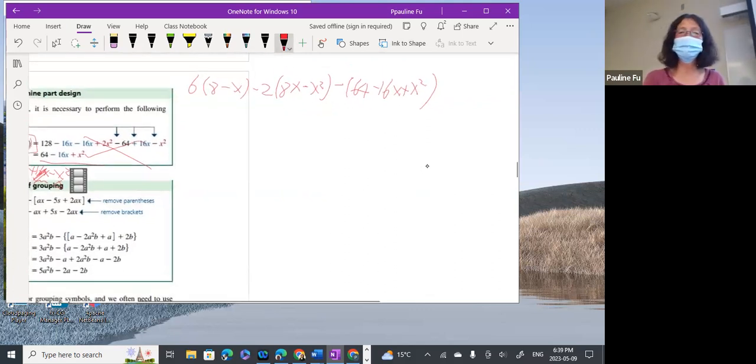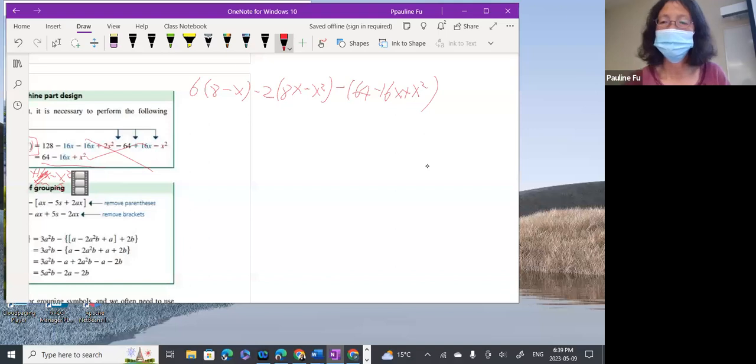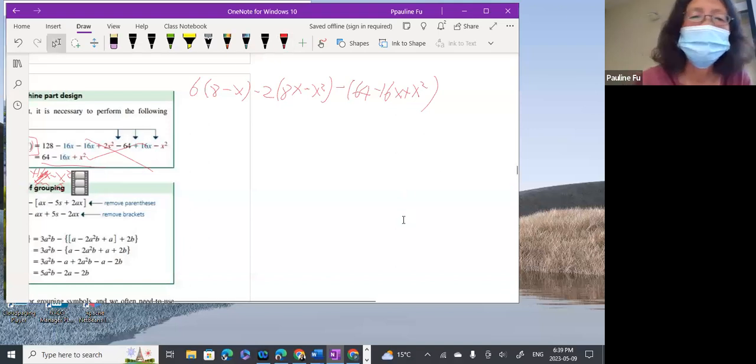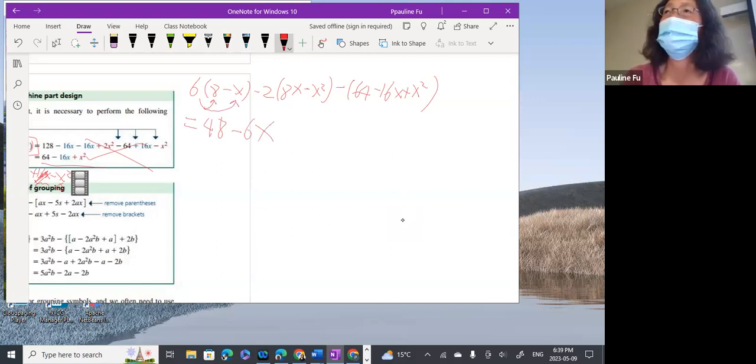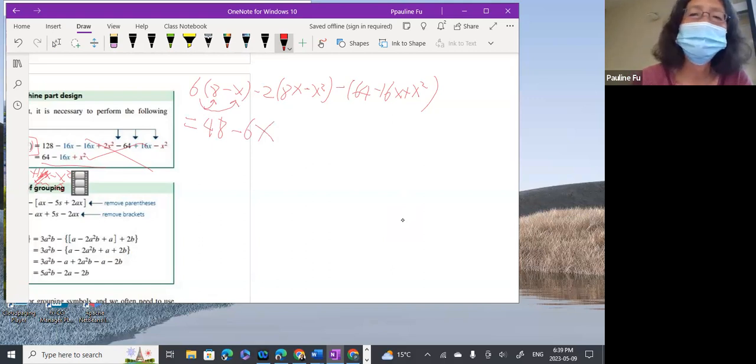Okay, now I'm going to rewrite it. So equal 6 times 8 minus 6 times x. Is that right? Okay. Next, minus 2 times 8x is minus 16x.